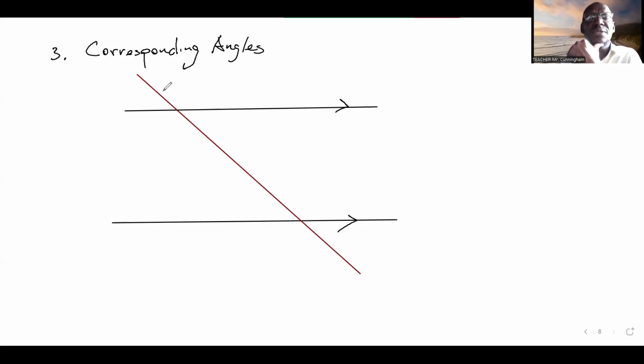So notice this angle here at the top, at the right-hand side. It's on the right. So we're going to call this angle X degrees. So here's my question.